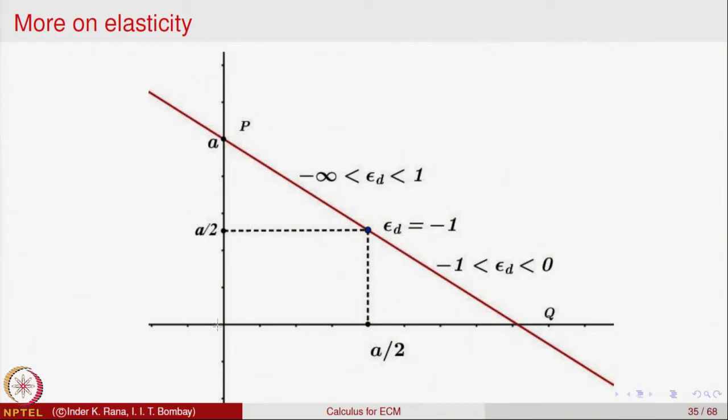And when the price is between A by 2 and 0, of course, price is never going to go to 0, it is highly inelastic. So, that is the relation between elasticity and the price in terms of the coefficient A. And in the earlier definition we had used the constant B, that is the slope. So, both formulas are useful in interpreting results.